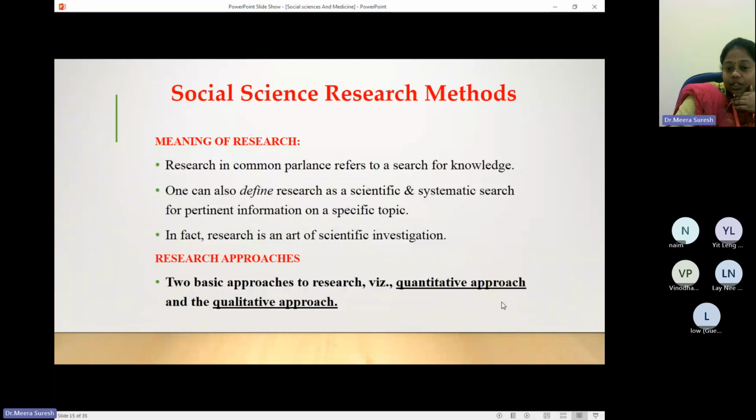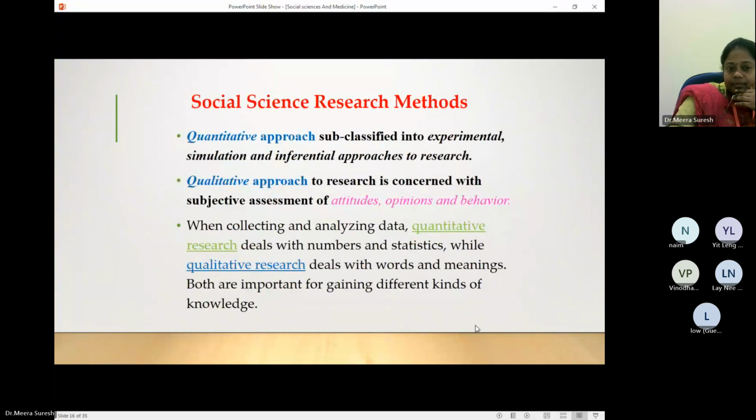We have two approaches, the quantitative approach and the qualitative approach. For the quantitative approach, the keyword over there will be quantity. In general English, when we say quantity, it indicates some size or some number.